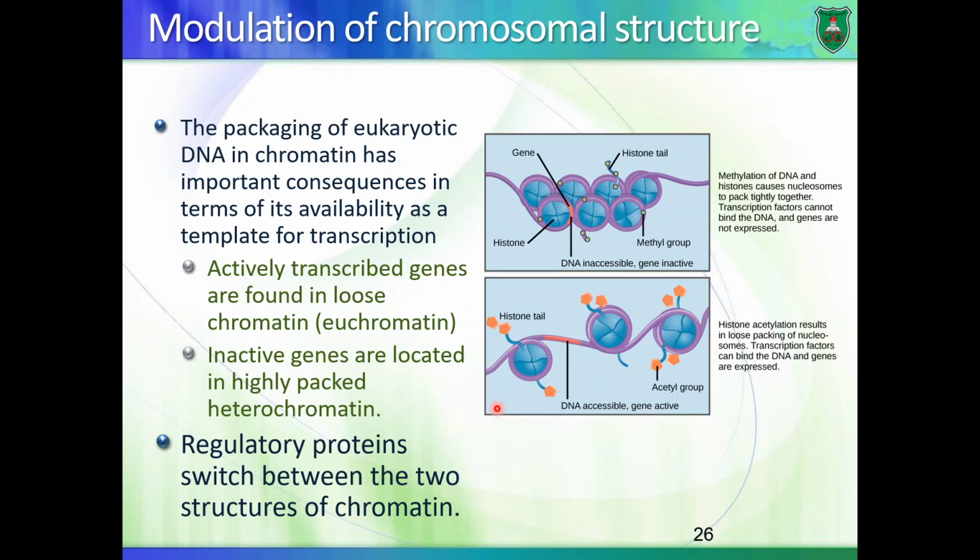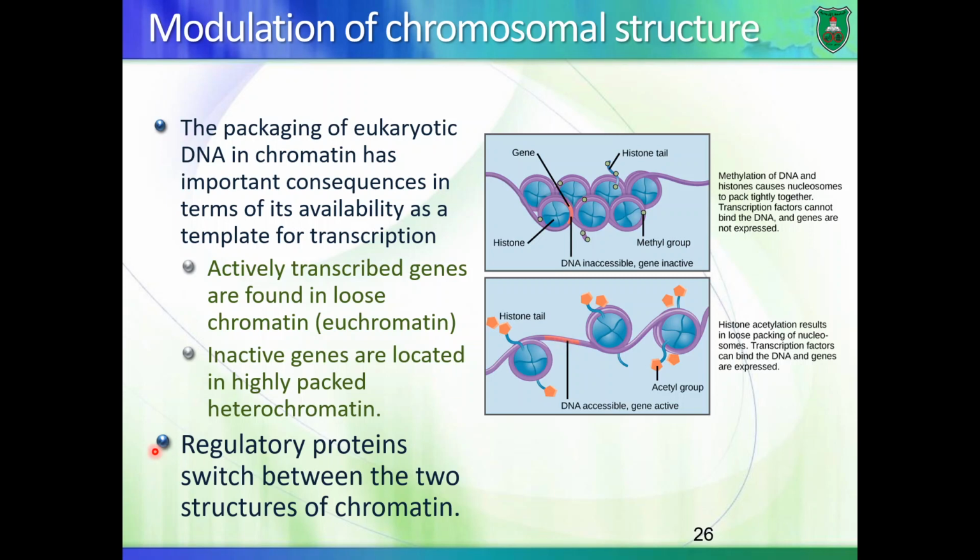Euchromatin, on the other hand, looks like this, where the DNA is relaxed. It is exposed, so the sequences that transcription factors bind to are exposed. These regulatory factors can bind to the DNA easily and induce gene expression.